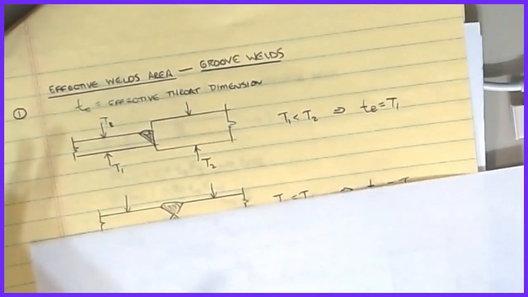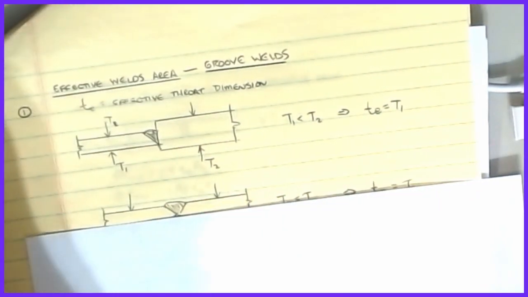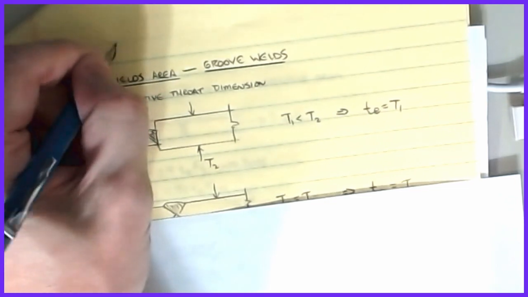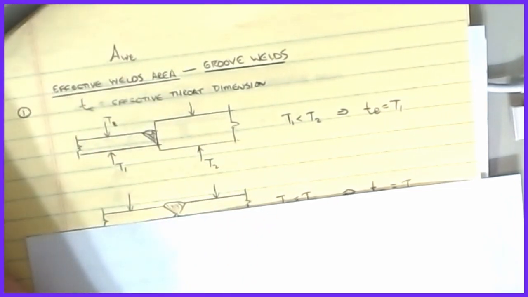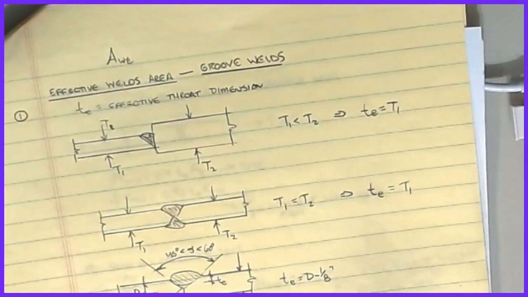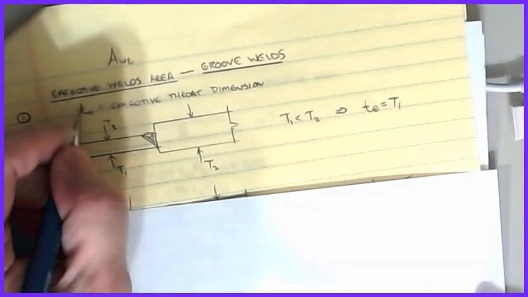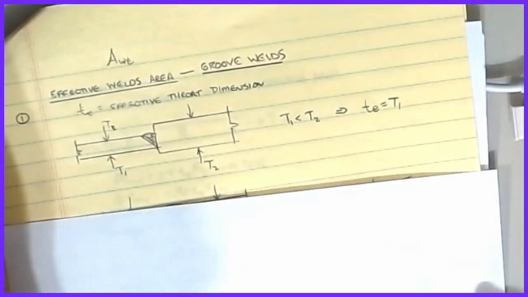All right, now the other parameter that's important to us has to do with the effective weld areas. That's our AWE calculation, or the ABM that we're going to deal with. And so, again, for the groove weld section, we're going to define a parameter known as the effective throat of the weld.